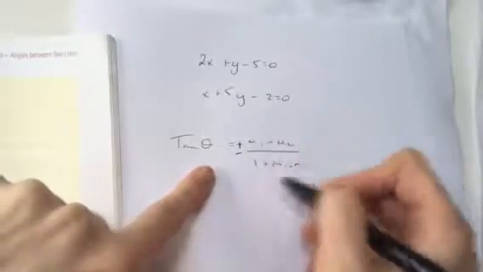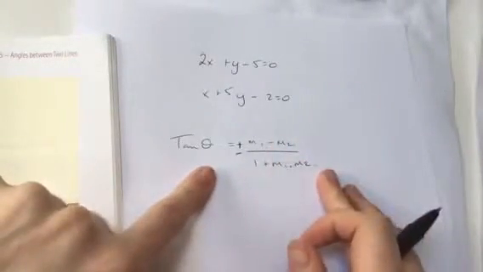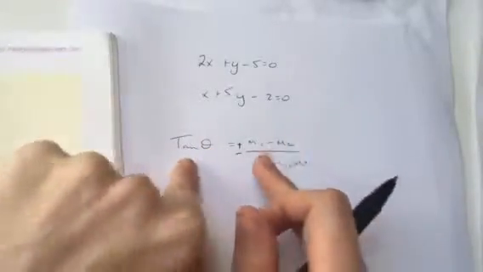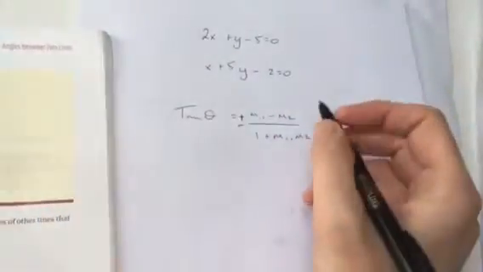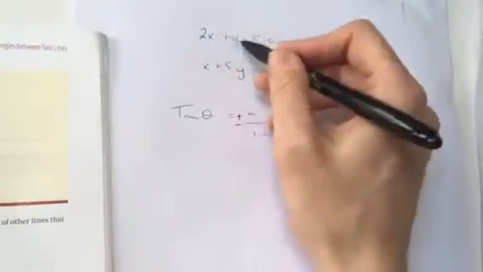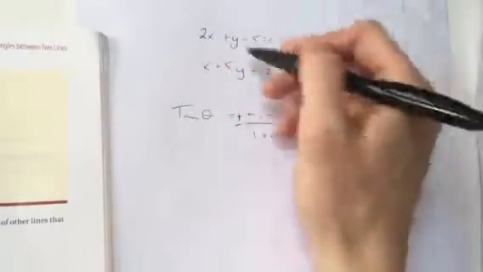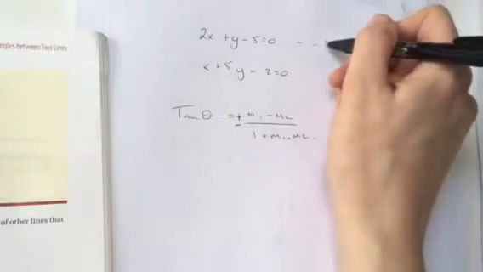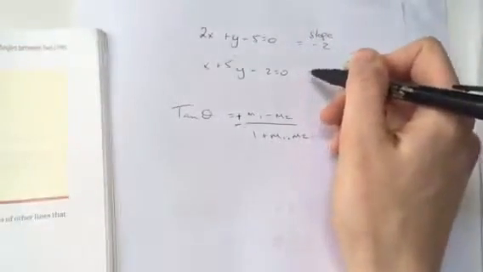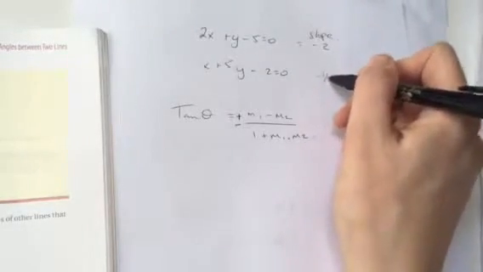And if I don't have the slope of both lines, I either can't find this, or perhaps I've been given this and I'll be able to figure out the slope of one of the other lines. So in this question, they're asking for the angle between two lines. I can easily see that the slope there is minus 2, and the slope of this one is minus a fifth.